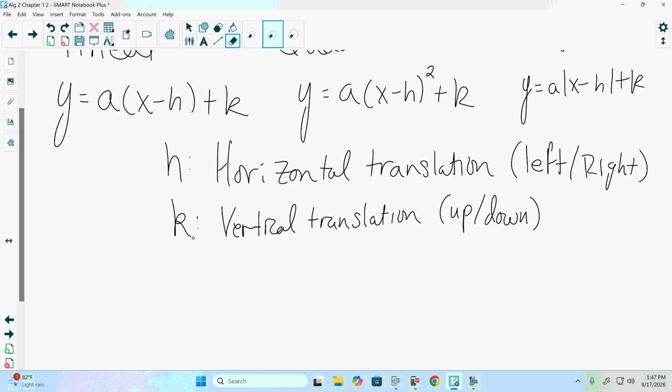So our value of H is going to tell us how far we move to the left or to the right. Kind of the opposite of what we think. K is going to tell us how far we move it up or down. Now, especially in general form, H and X are always going to be paired together. Y and K are always going to be paired together, especially when we talk about equations.